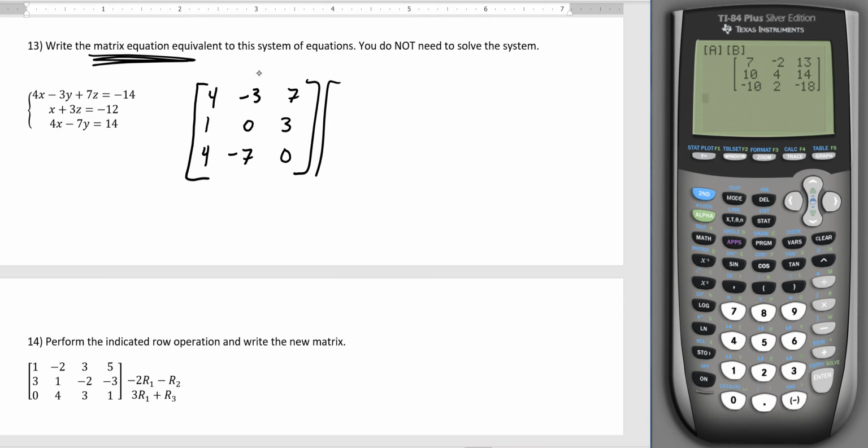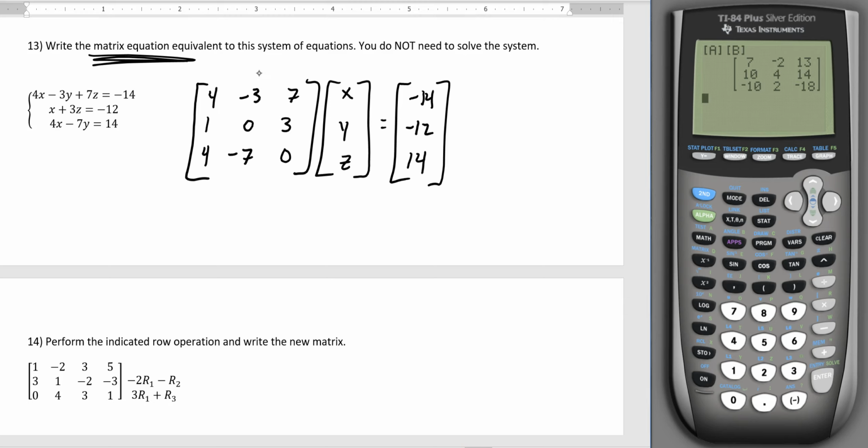Then the next matrix is one column of variables, x, y, z. And the last one is the constants: negative 14, negative 12, and 14. There we go. That is the matrix equation.